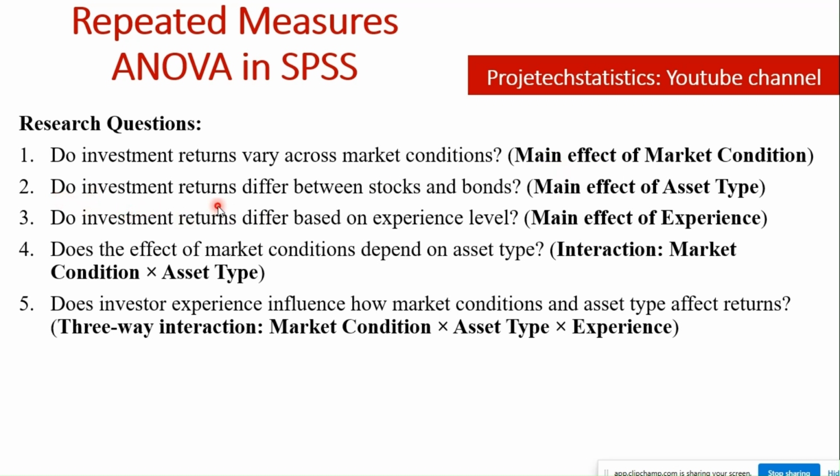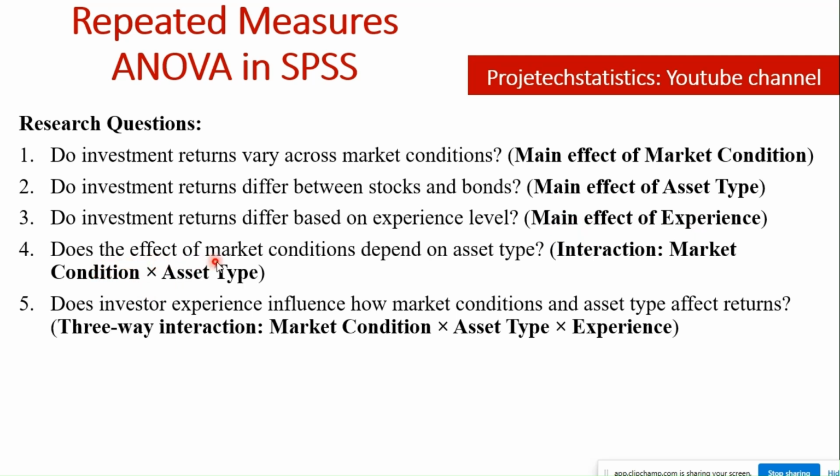Do investment returns differ between stock and bond? This is the main effect of asset type, which is also a within subject effect. Do investment returns differ based on experience level? This is also a main effect of experience, which is also a within subject effect.